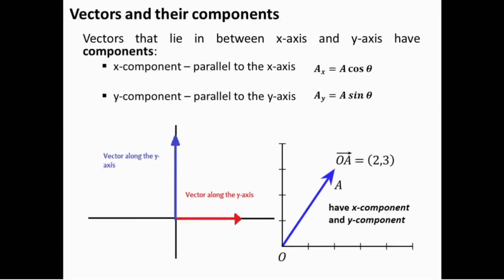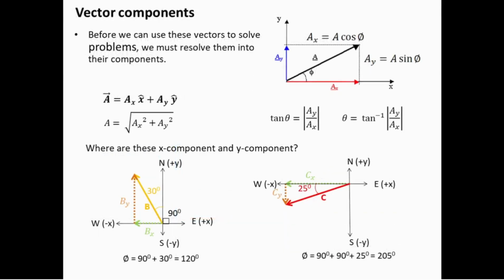And also you learned how to calculate the x component and y component of the vectors. Also, you can calculate the reference angle using the known x and y components of that vector using this equation: you take the y component divided by the x component, and get the inverse tangent of the absolute value of that quotient.